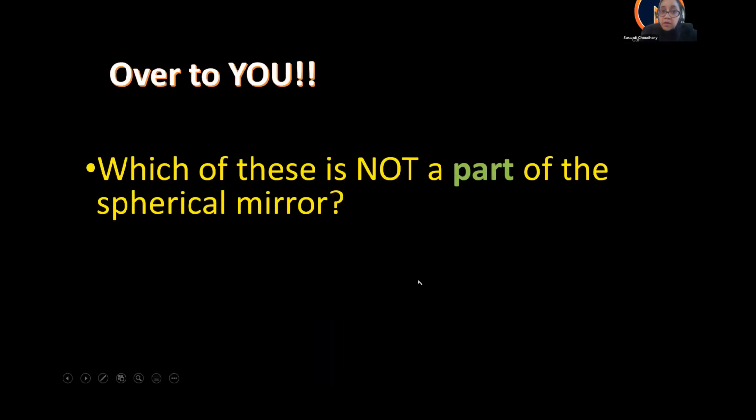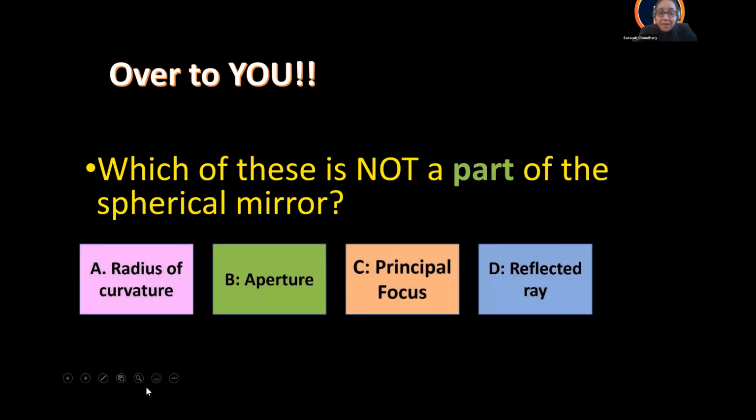Okay. Now let me see how you have understood. Get ready to give the answer. Which of these is not a part of the spherical mirror? Options are radius of curvature, aperture, principal focus, and reflected ray. Your time starts now.